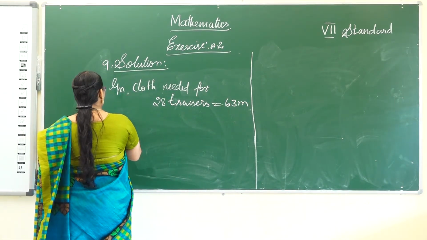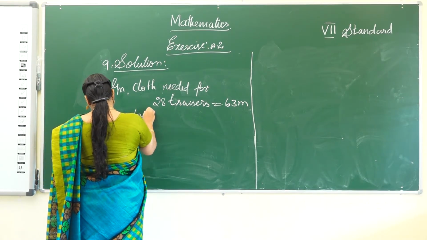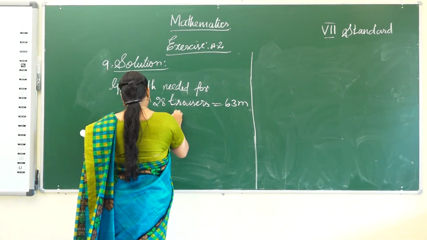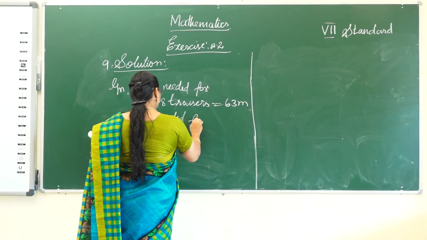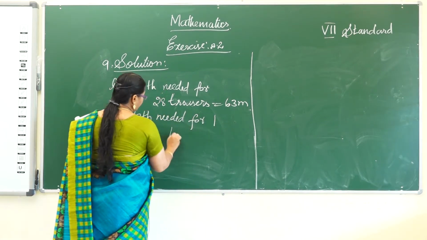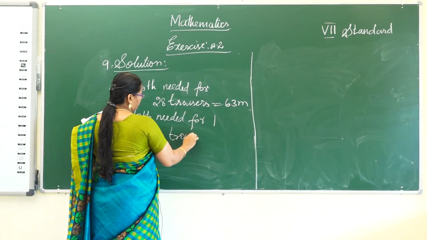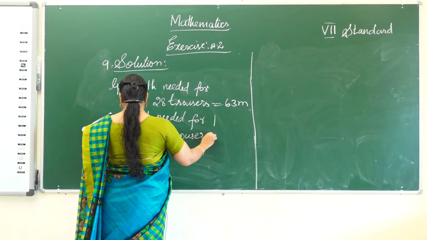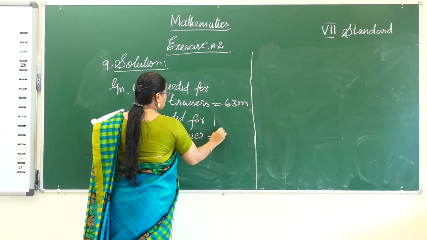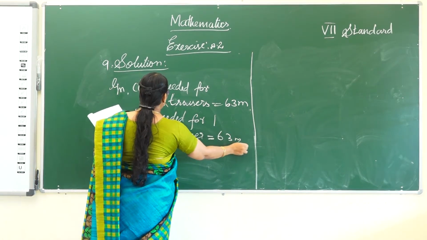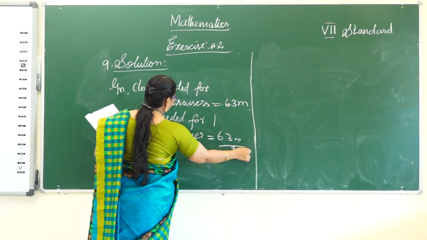And then the cloth needed for one trouser is equal to, what we do, 63 meter divided by the number of trousers.